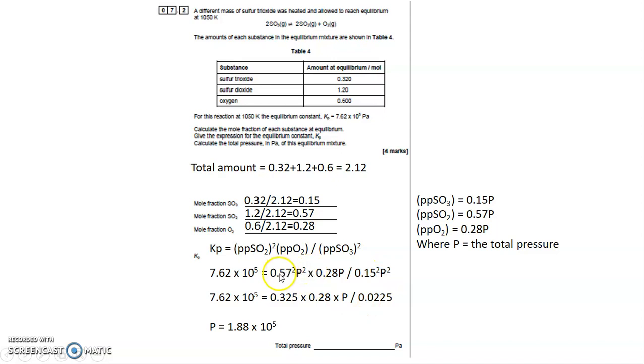Now I've expanded them, so 0.57 P squared, I've expanded this whole thing squared.